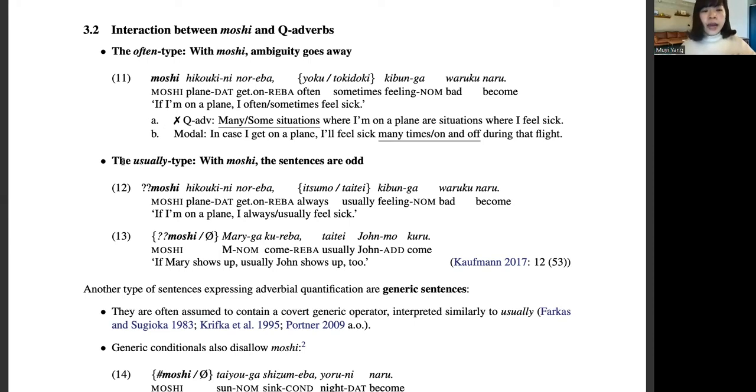Here, when we have added moshi, it turns out that the sentence itself becomes degraded. And 13 is just another example that has been observed by Magda Kaufman. もしメアリが来れば大抵ジョンも来る. If Mary shows up, usually John shows up too. That's also judged to be degraded. Without moshi, it's fine.